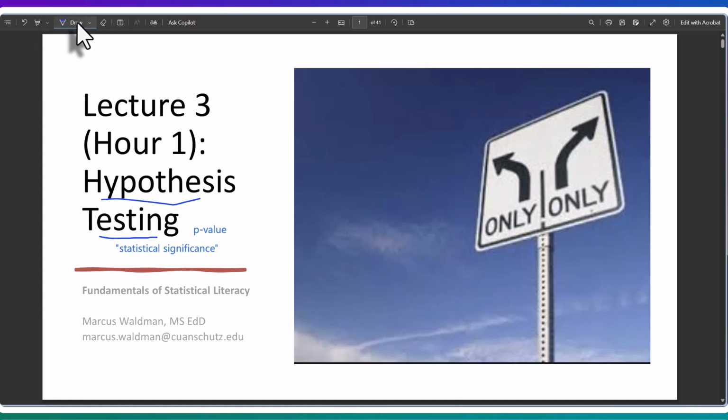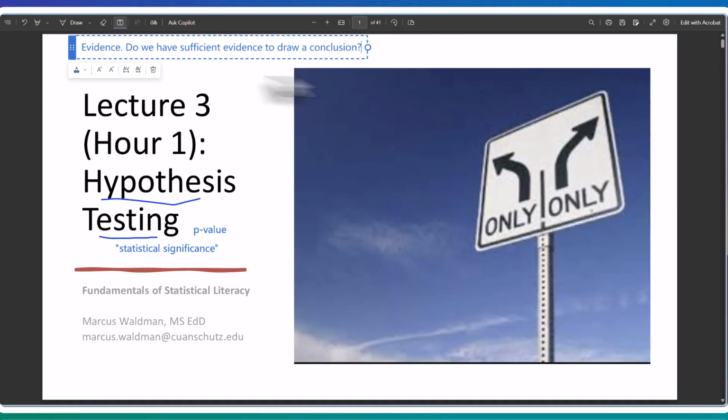So fundamentally, with statistics, we're always trying to gather one thing, and that thing is evidence. We want to know, do we have sufficient evidence to draw a conclusion? Obviously, evidence is not a black and white issue.